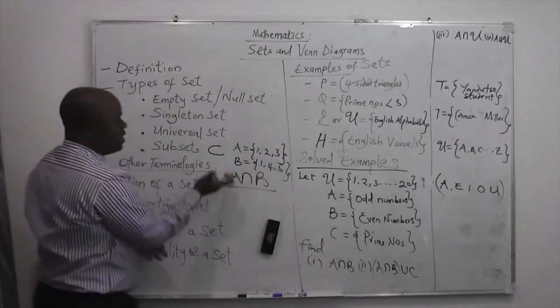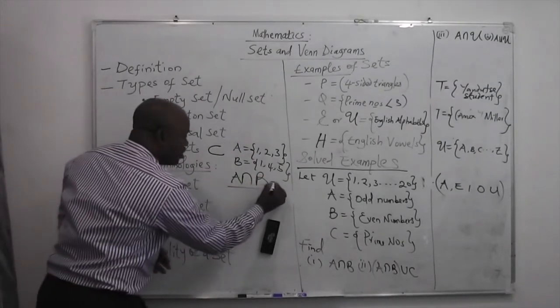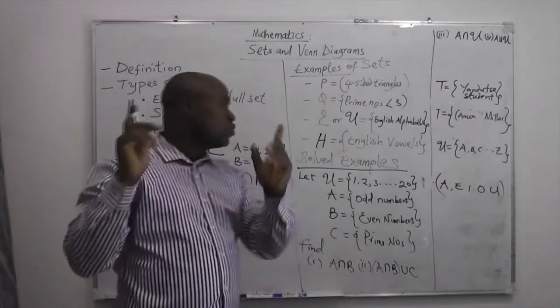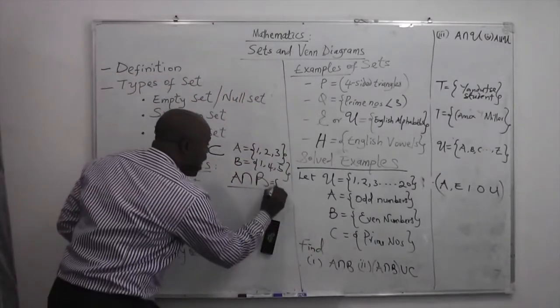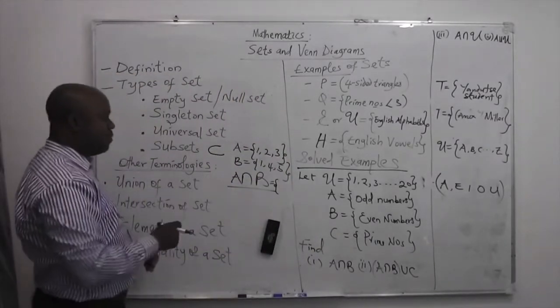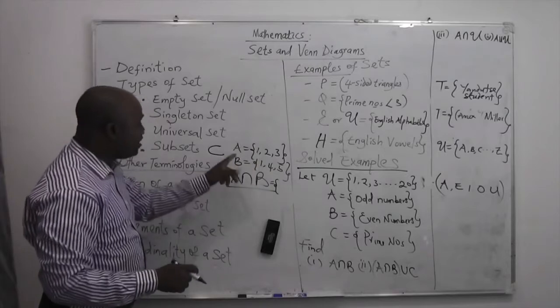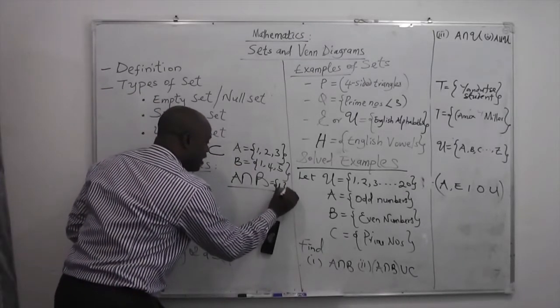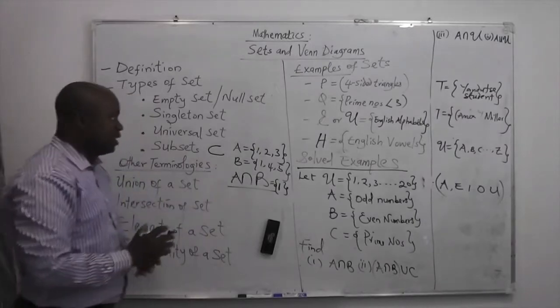I look at A and B, what is common is what now, class? Yes, that is 1. That's correct. 1 is the only element that is common between set A and set B. So I'll put 1 here, and that becomes the answer.